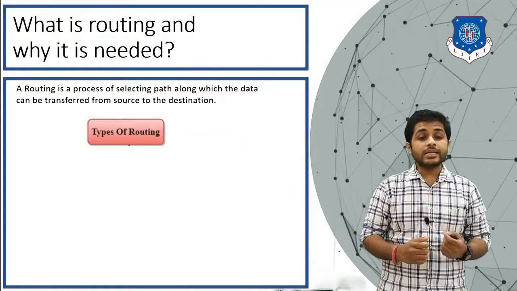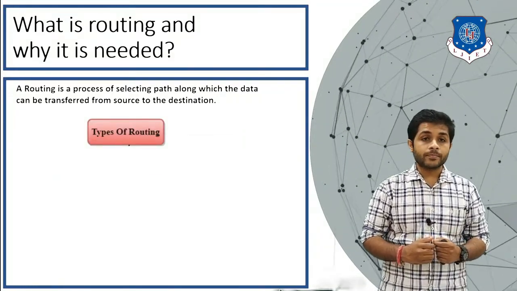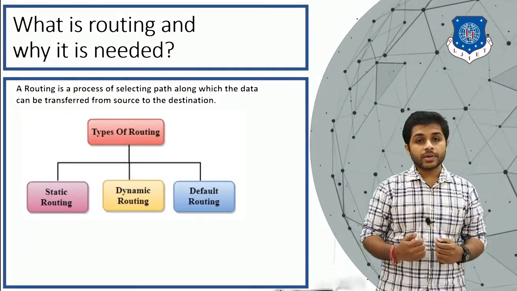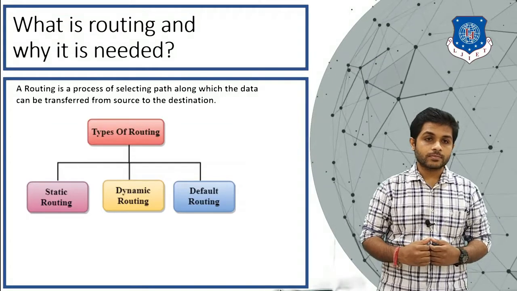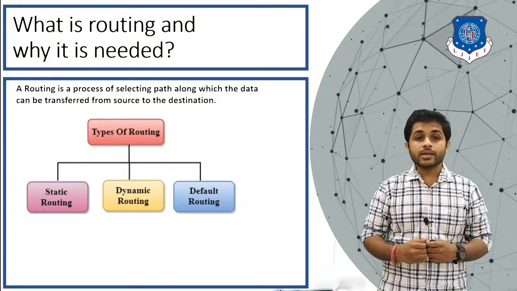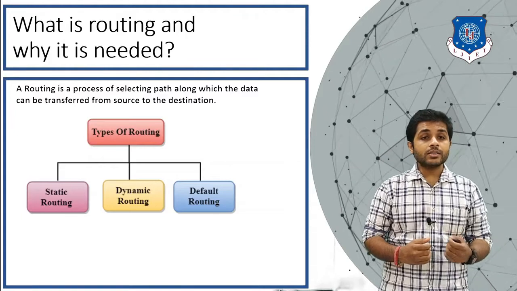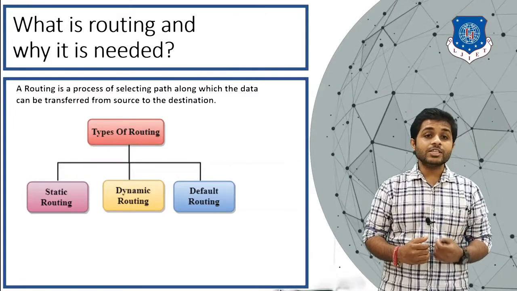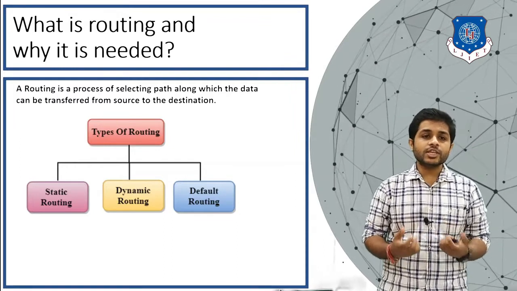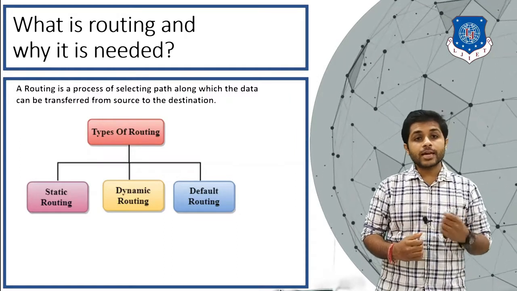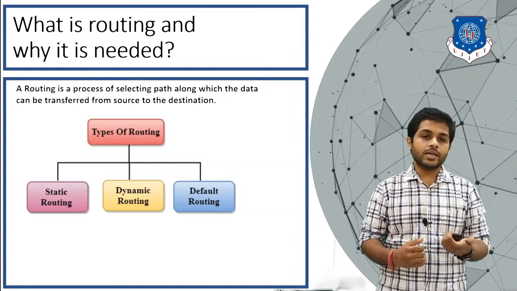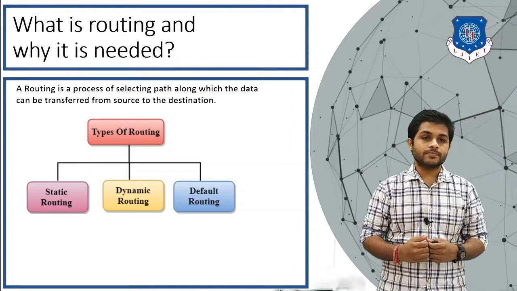There are three types of routing. The first one is called static routing, then dynamic routing, and the default routing. Now, what is static routing? In static routing, the entries in the routing table can only be changed manually. So whenever there is any change in the network, the administrator will change the entries in the routing table on his own.